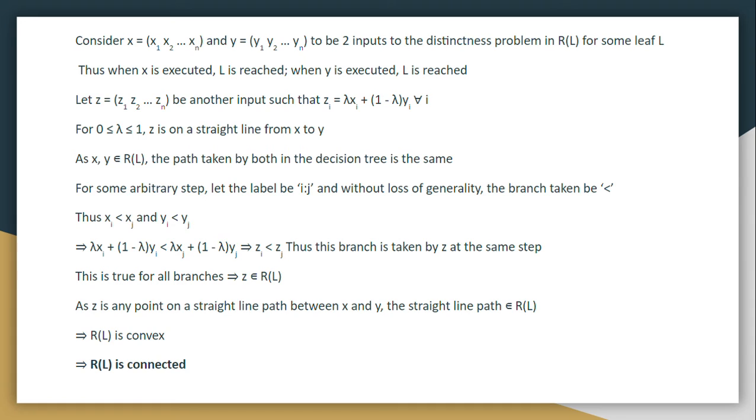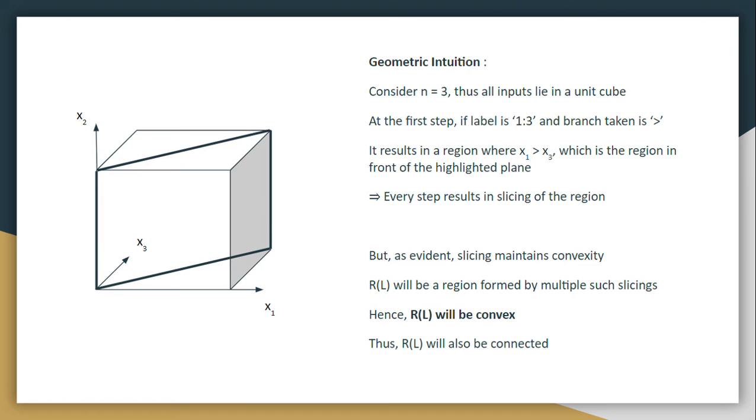And we have already established that if RL is convex, RL has to be connected. So RL is connected. This is a very important result which will aid us in our further exploration.